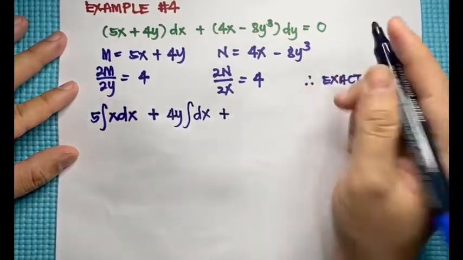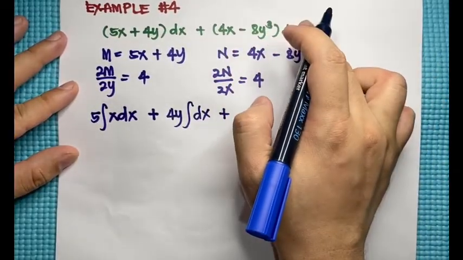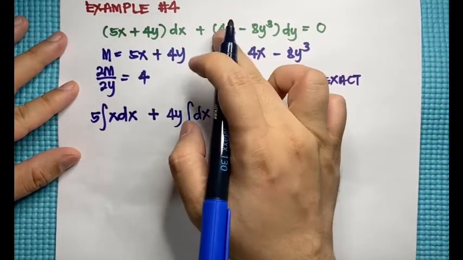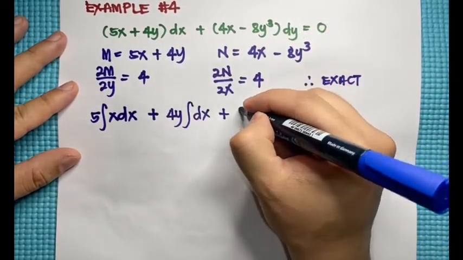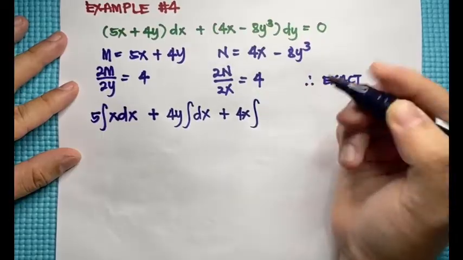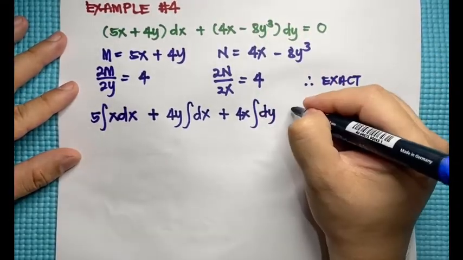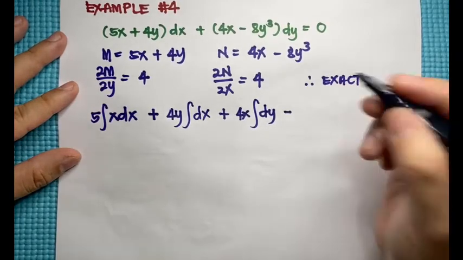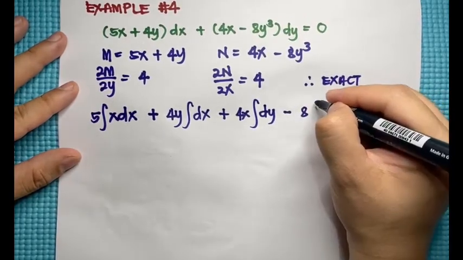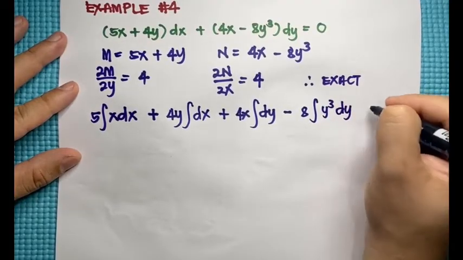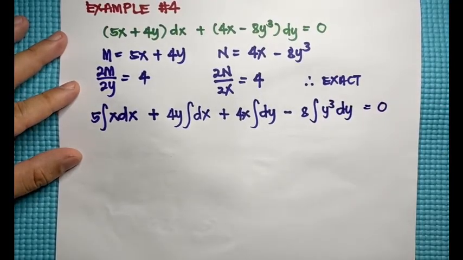And plus, this time it shifted to dy, so 4x would be considered as constant. So I'll move that out again. So 4x is multiplied with the integral of dy. And then minus, 8 is the only constant here, and then we'll have y cubed dy, and that is equal to 0.